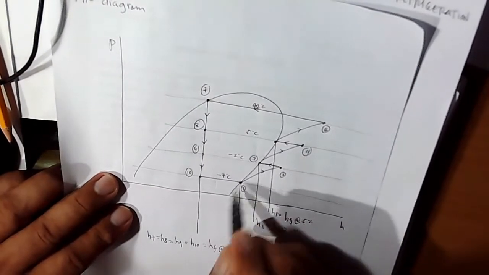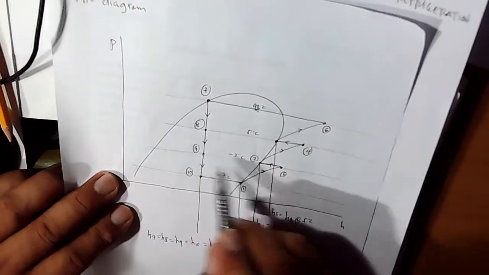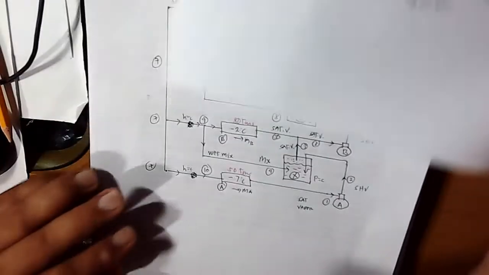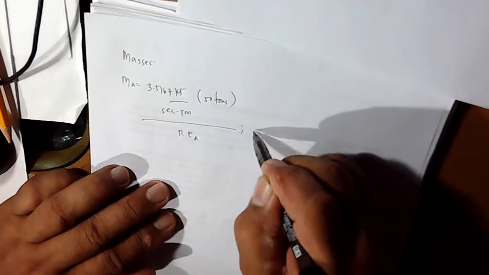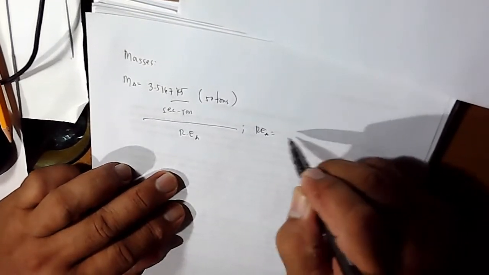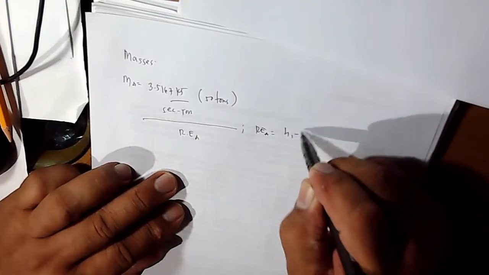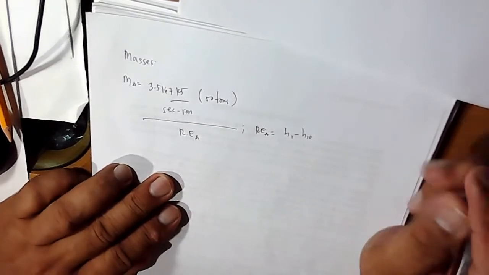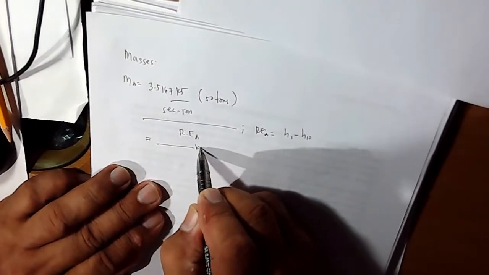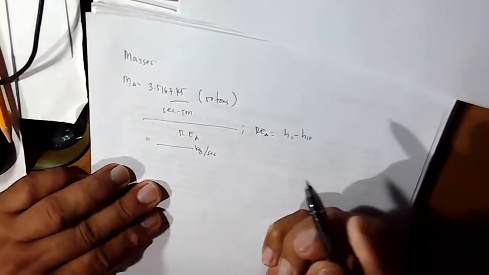This one. This is your REA. REB, REC. Okay? So that we have REA, H1 minus H10. Okay, you have your mass A in kilograms per second.